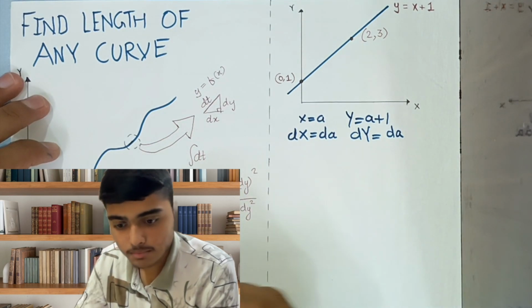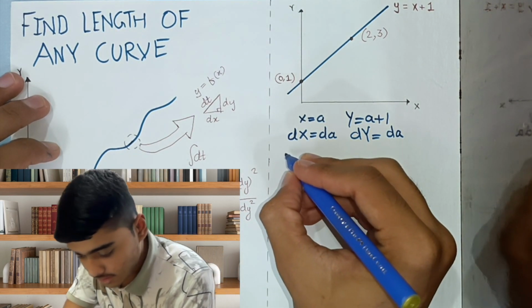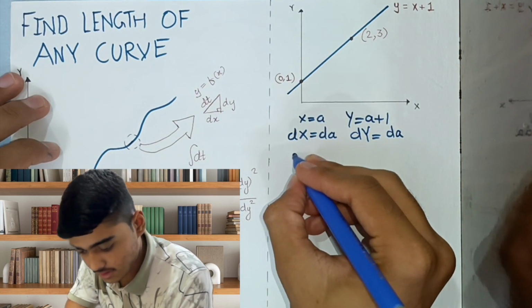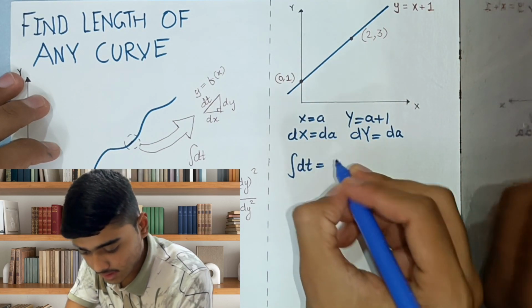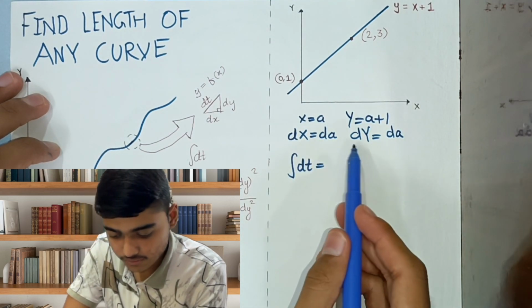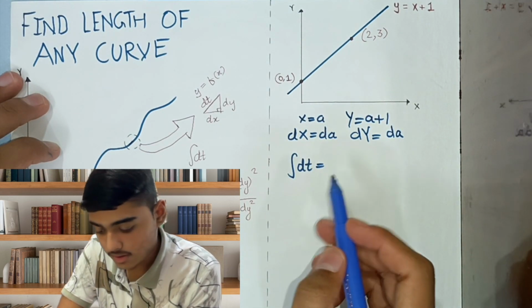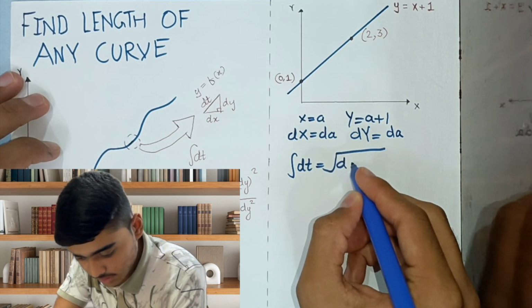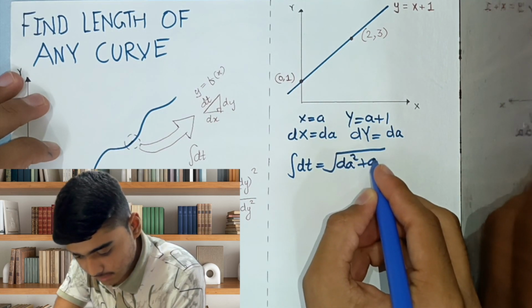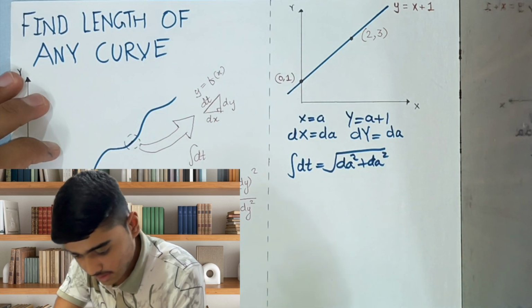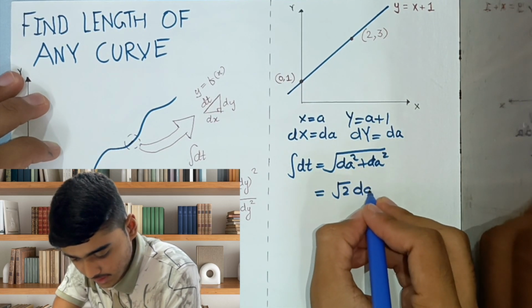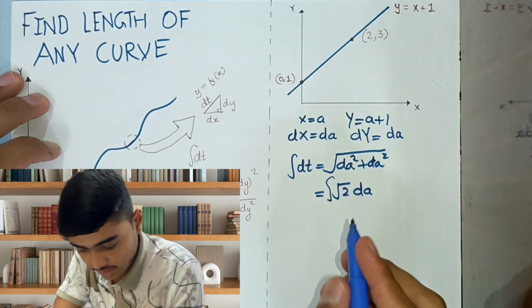Just to apply it here, our length of this curve is the integration of dt, which is nothing but the integration of the square root of dx squared plus dy squared, which will give us the square root of da squared plus da squared, which is nothing but root 2 times da, and we will integrate it.